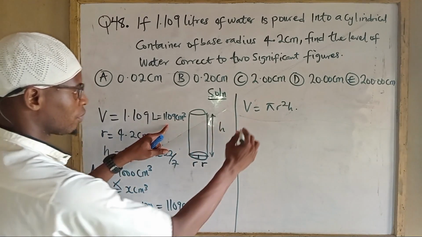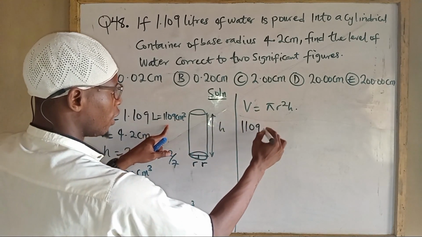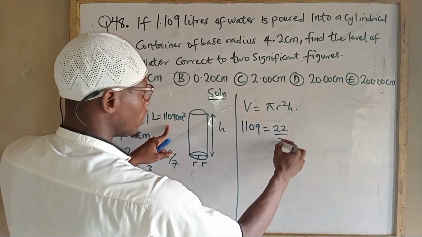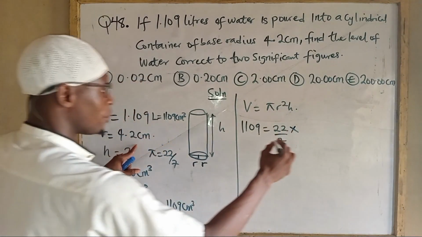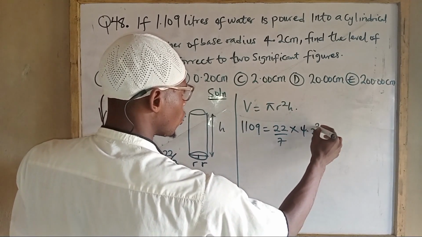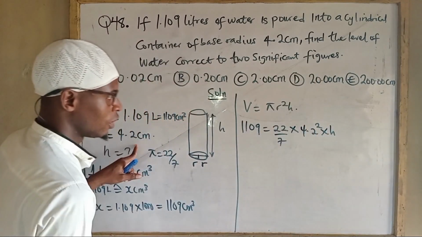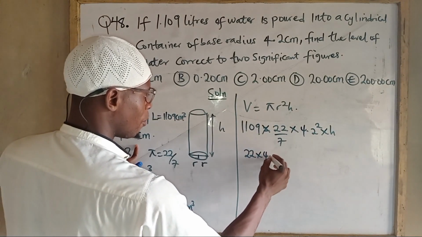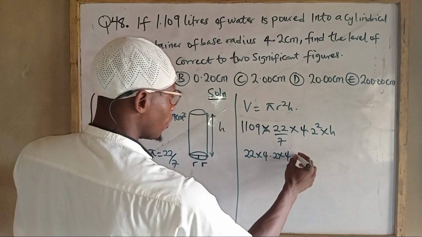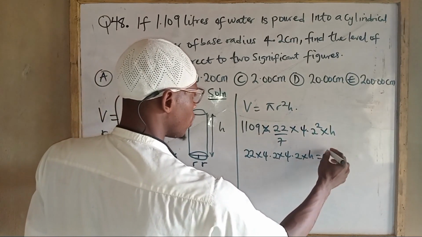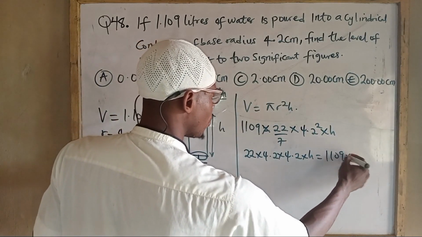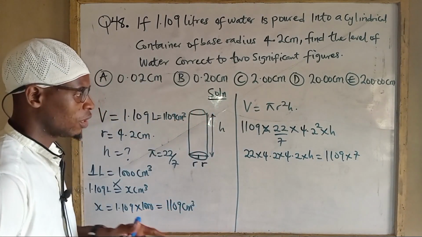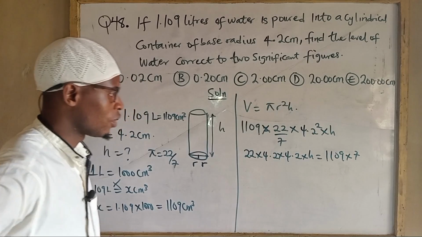Volume now is what? 1109 is equal to 22/7 multiplied by the radius, which is 4.2, 4.2 squared, multiplied by the height. So if you cross multiply, we have 22 multiplied by 4.2 multiplied by 4.2 multiplied by h is equal to 1109 multiplied by what? 7. So let's get this out from the calculator.